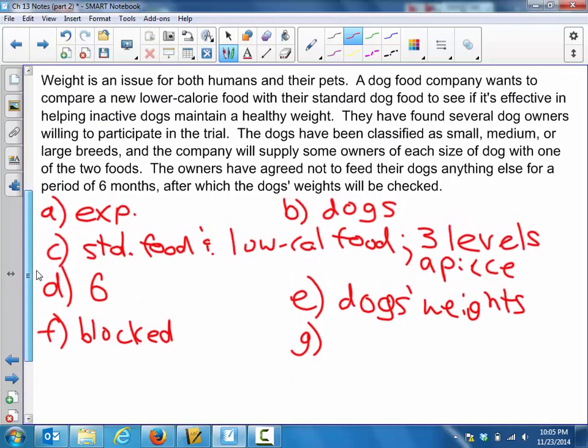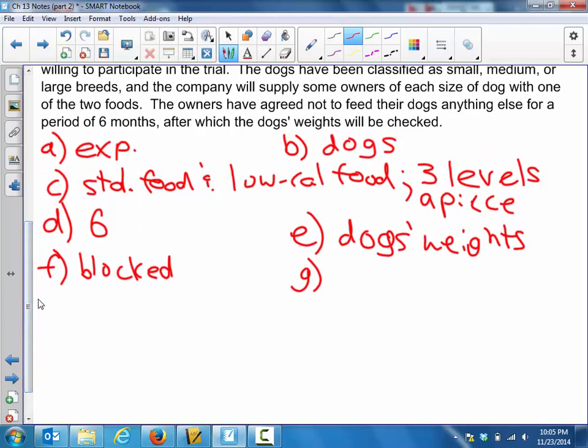So that makes sense. G here, what? Oh, that's for blinding. We don't really know if there's been any blinding here. So we'll just go ahead and say not stated. Maybe it could be reasonably inferred that there is none, but it's not clear from what I saw.